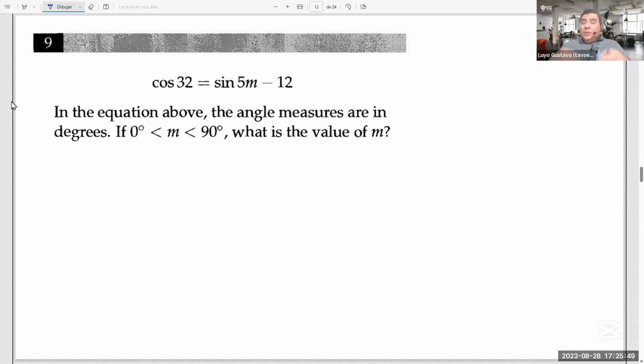We all know that the sine function is always between 0, it can take the value of 0, and it can take the value of 1, but it could also be -1. So it's actually between 1 and -1.